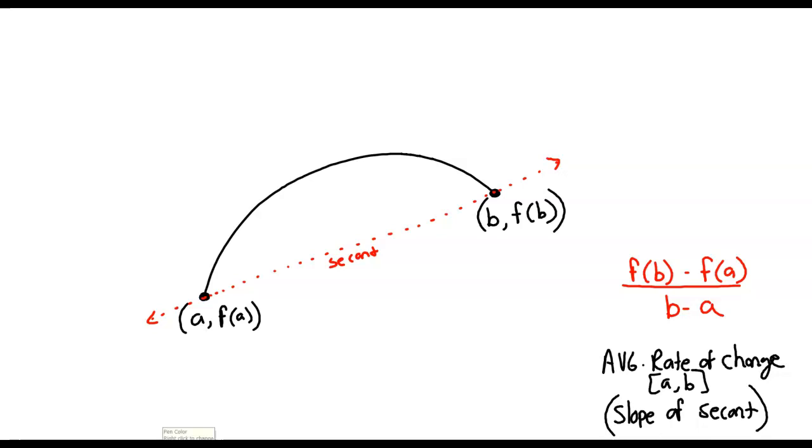All right, so I'm going to go ahead and do that right now. And I would say that that would probably happen like right about here-ish. Those two lines are pretty much parallel, right? So that's a tangent line.